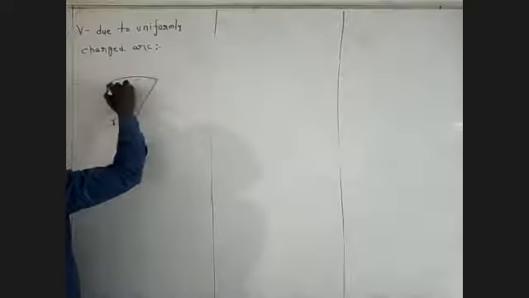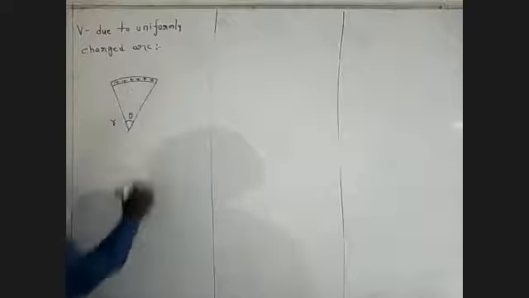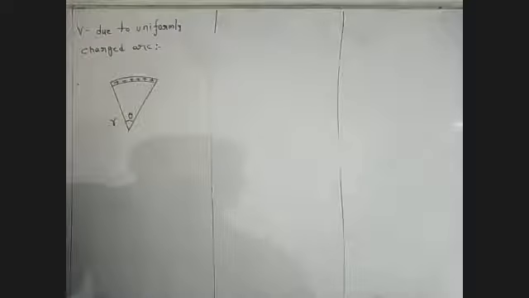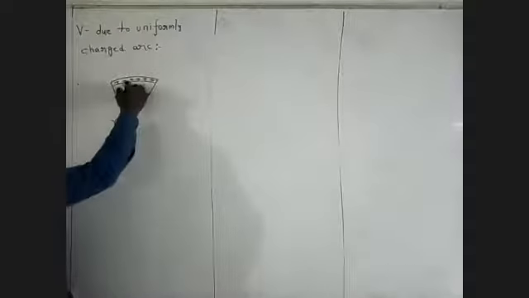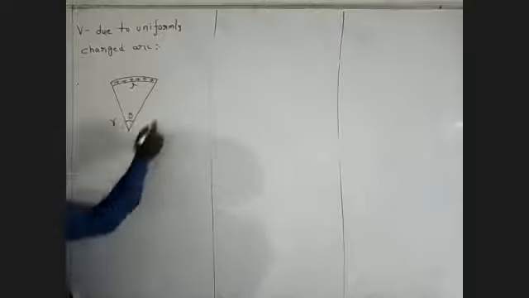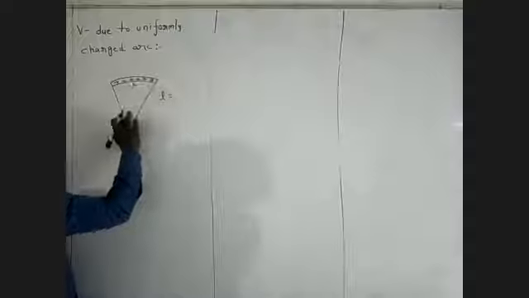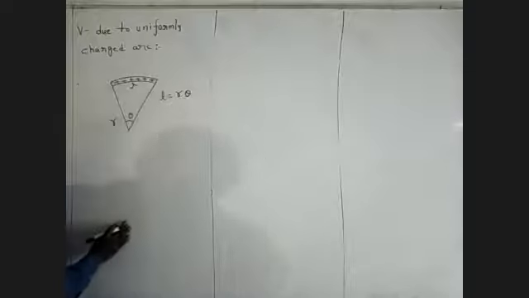This arc has positive charges uniformly distributed over the arc. The length is L, and actually the arc length L is equal to R theta.